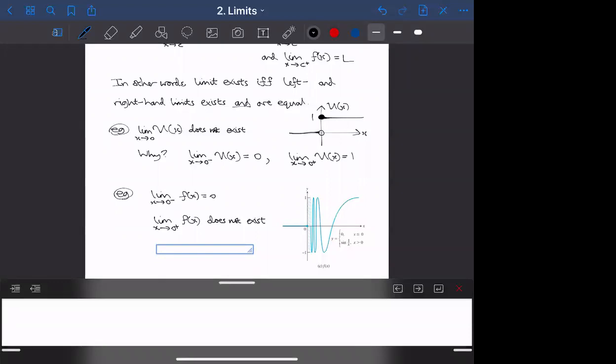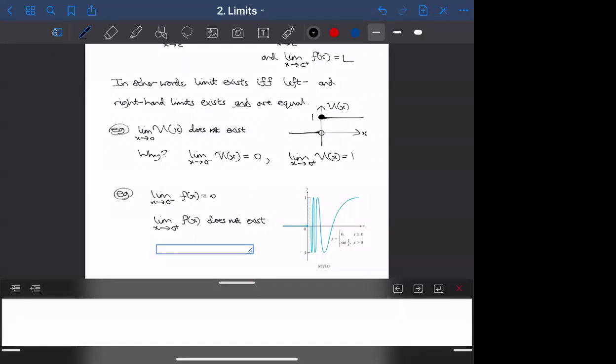I'm checking questions. Yes, so a question from Zhang. That's correct. So the epsilons and deltas are for proving a limit claim.